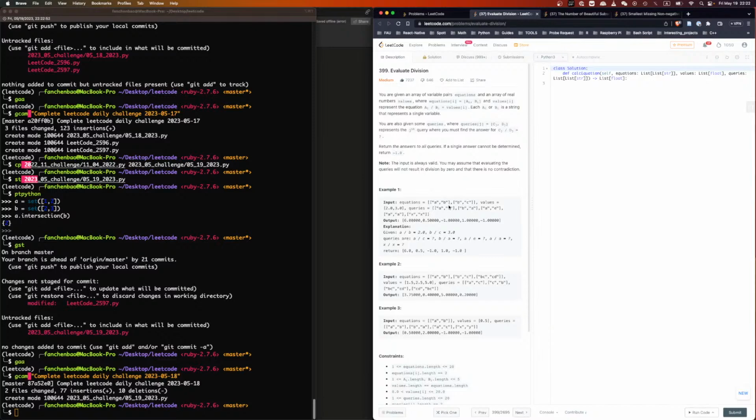What are you grouping? You're essentially grouping the values, right? They group together.